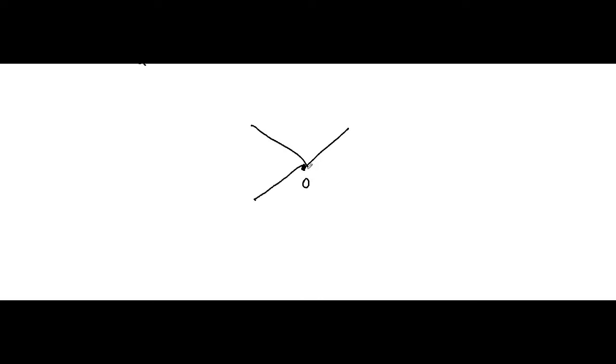Let's say this one is I1 flowing into it, I2 flowing away, then I3 flowing into it, I4 flowing away, then I5. Here it says that the algebraic sum of the currents at that particular point O is 0.